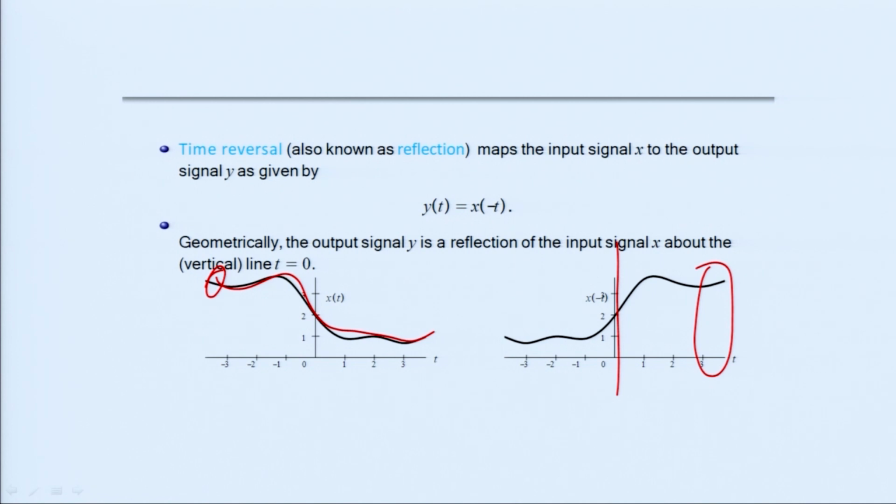The minimum of the signal was at plus 3, so now the minimum will go to minus 3. Geometrically, the output signal y is the reflection of the input signal x about the vertical line. So, time reversal means taking the reflection of the signal about the y axis. This is the other way of calling time reversal, also known as reflection.